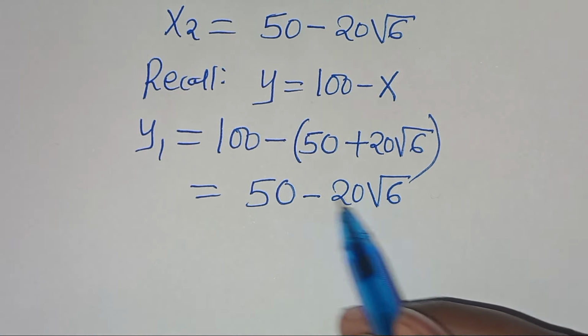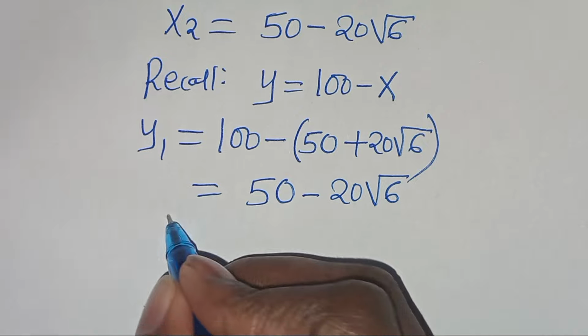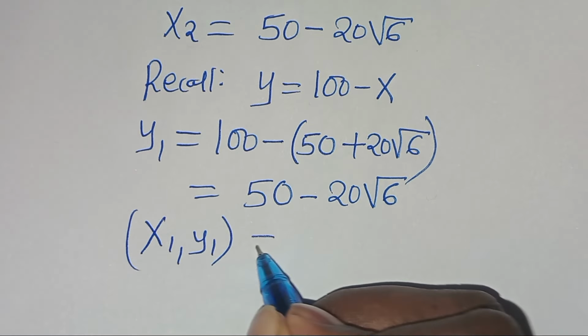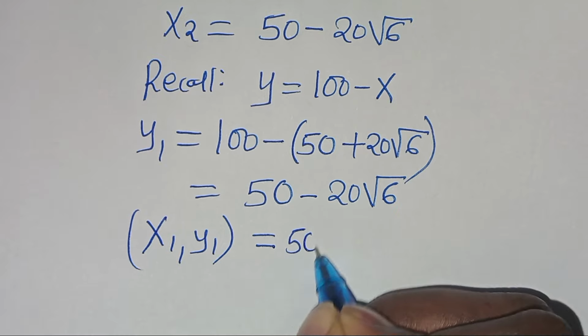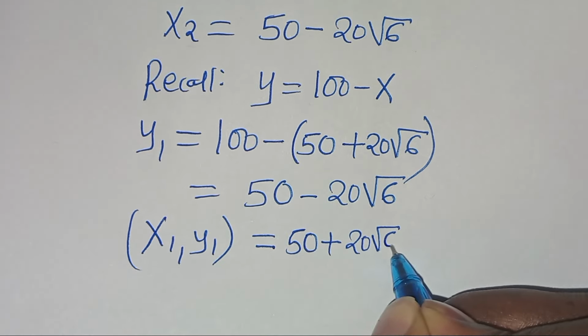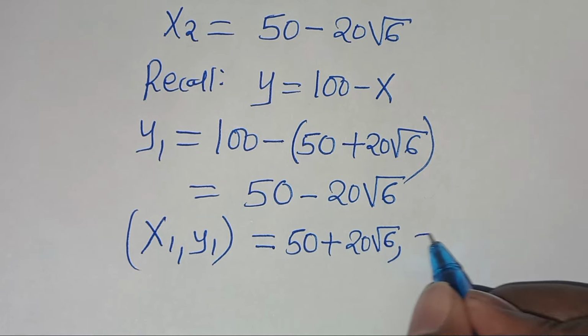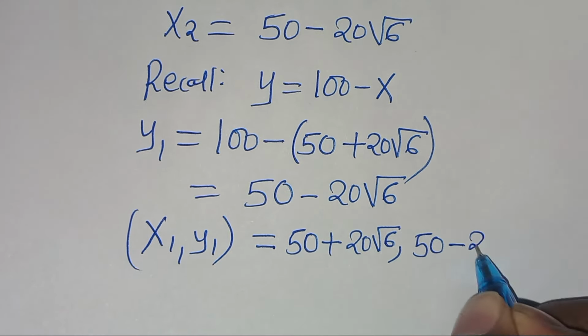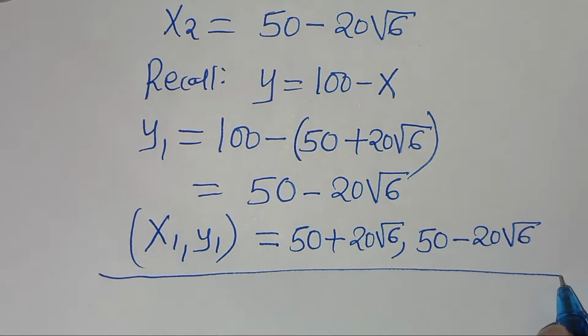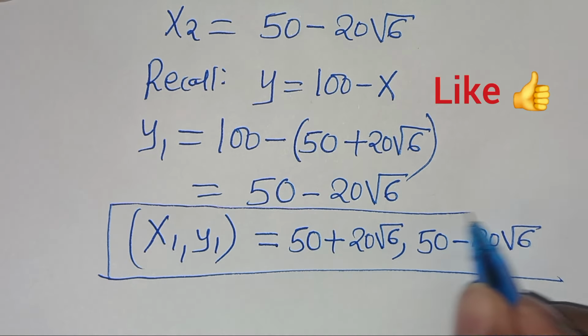Y1 is 50 minus 20 square root of 6. So now x1, y1 is equal to 50 plus 20 square root of 6, comma, 50 minus 20 square root of 6. So this is the first set of solutions for this algebra problem.